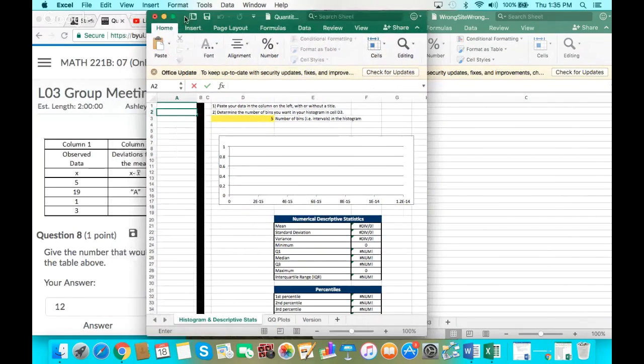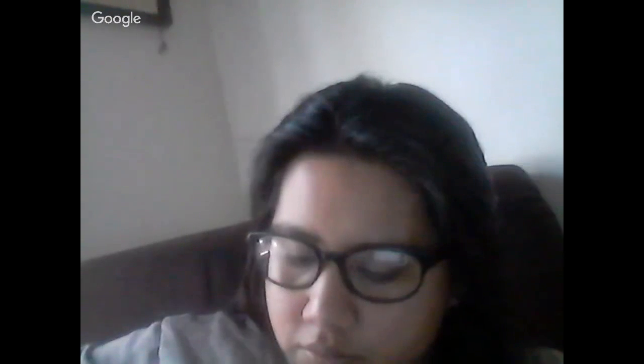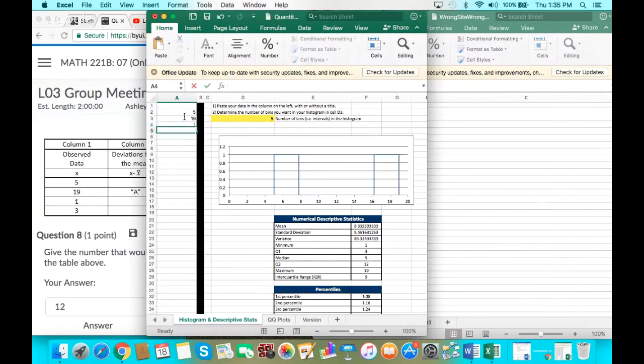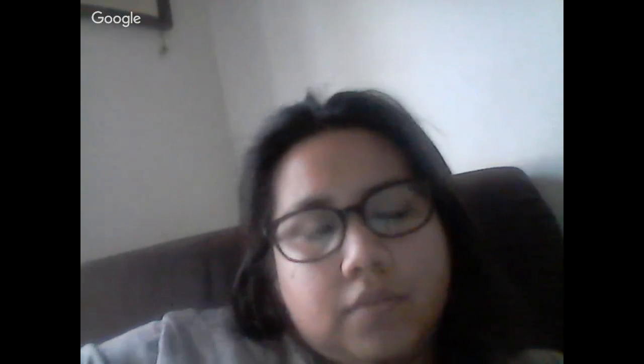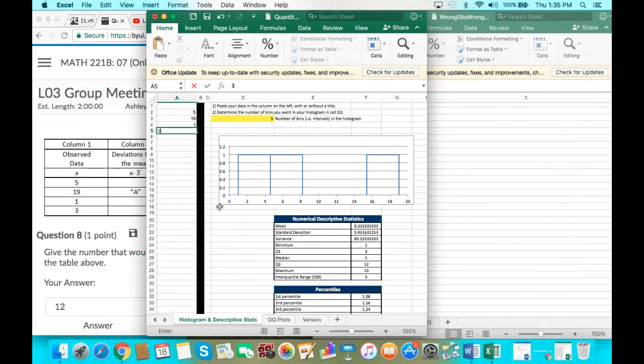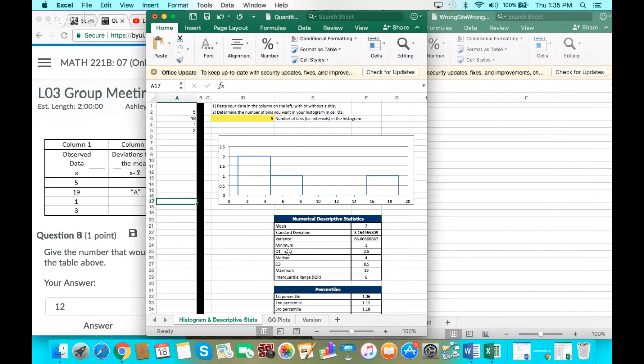Numbers are 5, 19, 1, and 3. Standard deviation is 8.6. Oh, wait. Are we supposed to? I think we're supposed to.